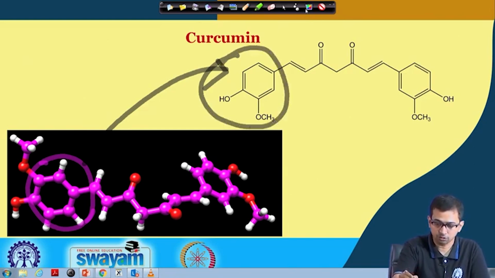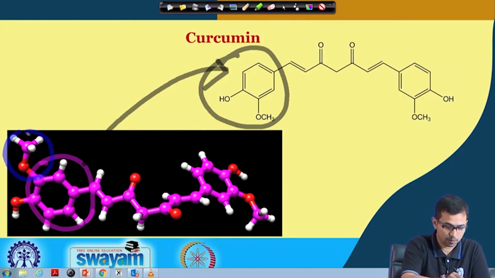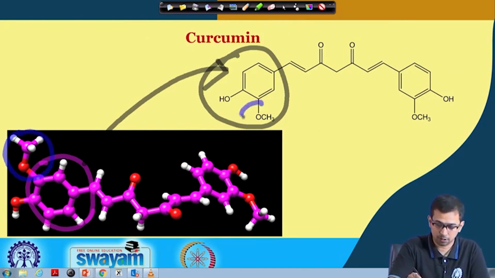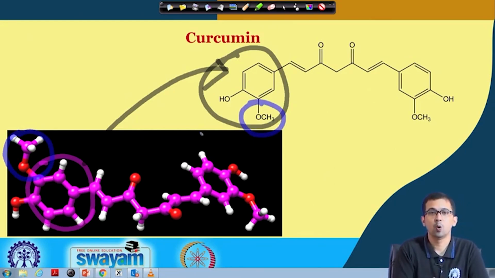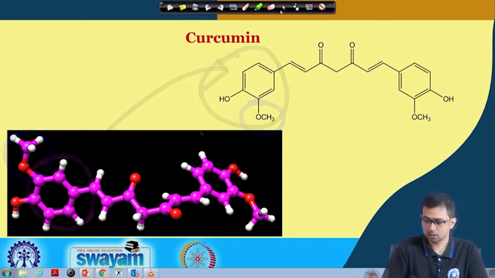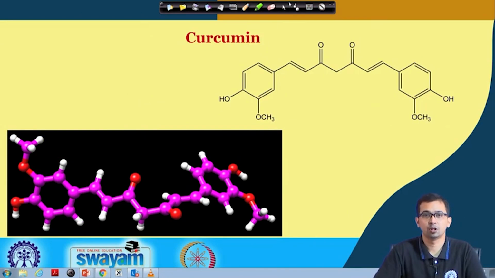Why? Because if we take into account this moiety and this moiety, this is the OCH3 part and this one is also the OCH3 part. Now, let us move to the next molecule.